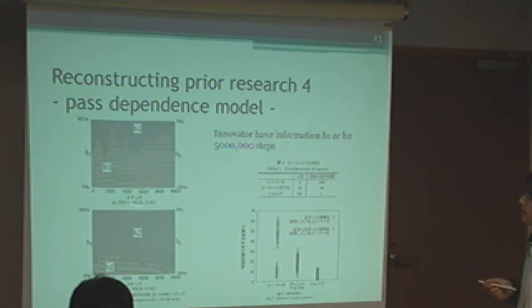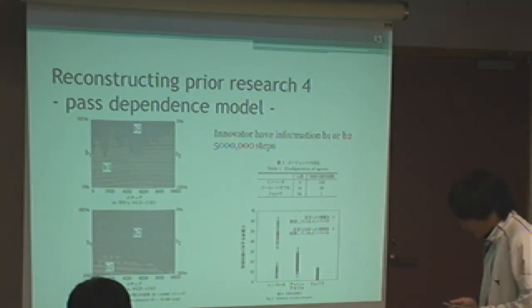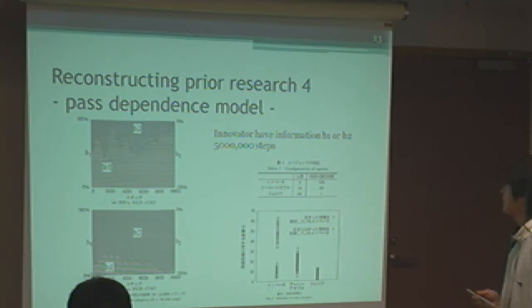This is a sample of when B1 wins, and this is when B2 wins. In this case also, this is the figure of influence, and in this simulation, the innovator also has the largest influence.